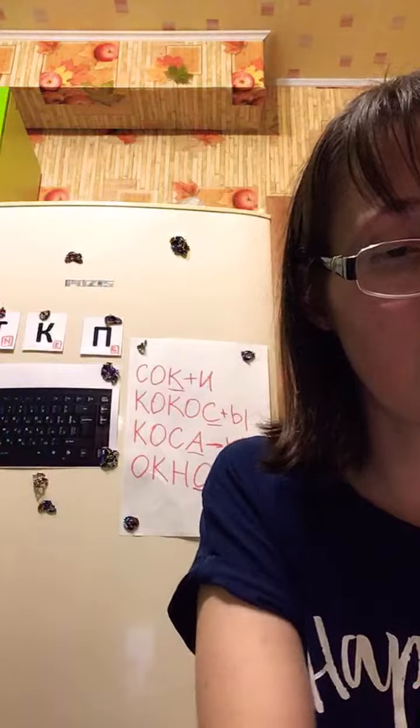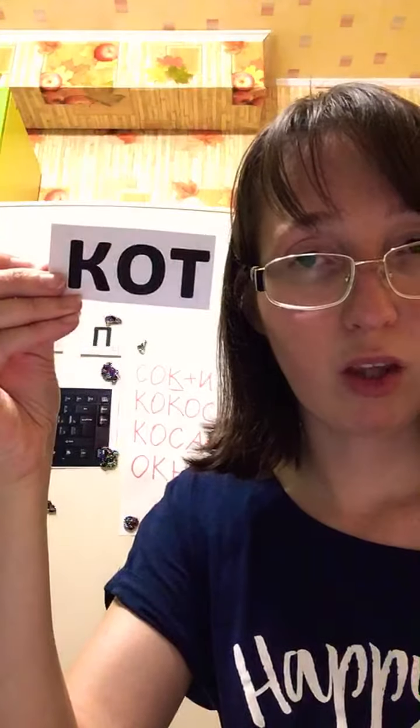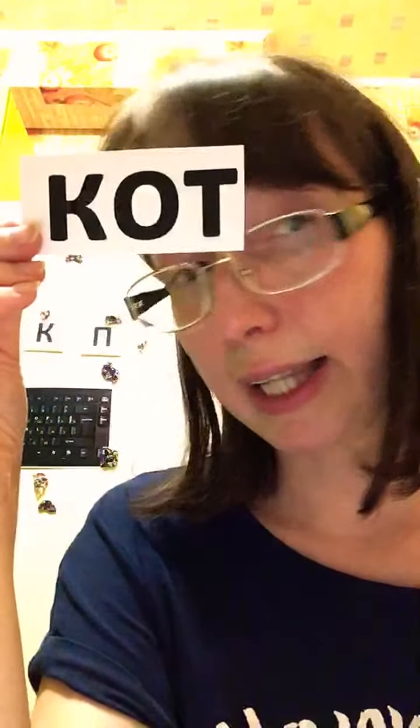The next word, кот, cat. Кот is masculine, so when we know that it's a male, we say кот. When we don't know, actually we can say that it's кот too. Later we will learn a feminine version of кот. A cat male, a cat female sound different in Russian.